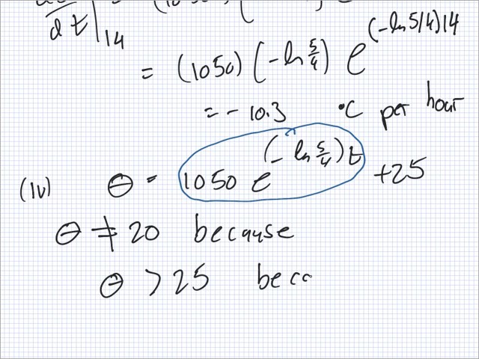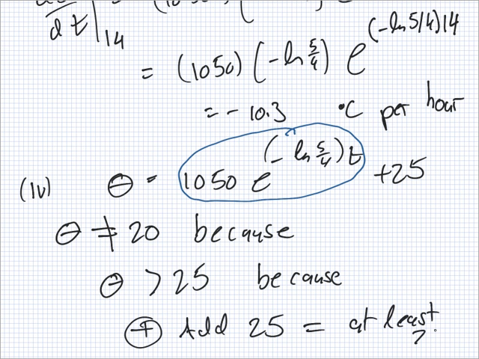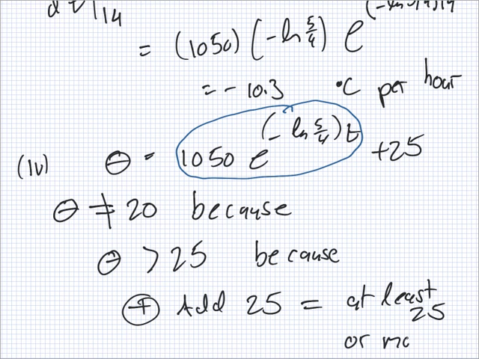Because when you have a positive and you add 25 to it, the result is at least 25 or more. A positive added to 25 cannot make it smaller than 25. So it has to be at least 25, which means it cannot be 20.